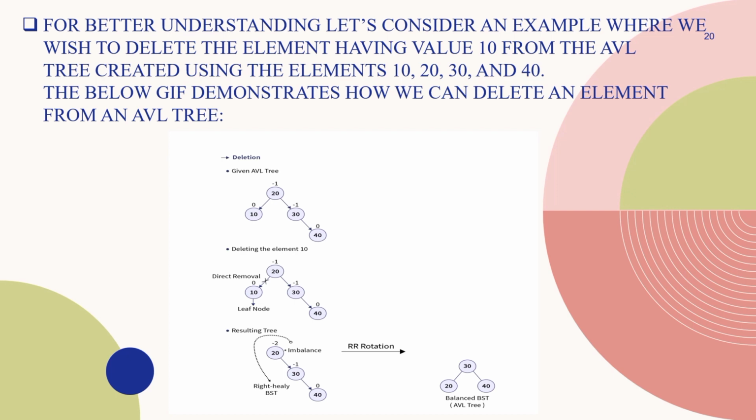As you can see, they have given the AVL tree. By deleting the element 10 by direct removal, the leaf node 10 of 20 will be removed. The resulting tree will be shown. It will be imbalanced. So by doing the RR rotation, the tree will get balanced, as you can see in the diagram.